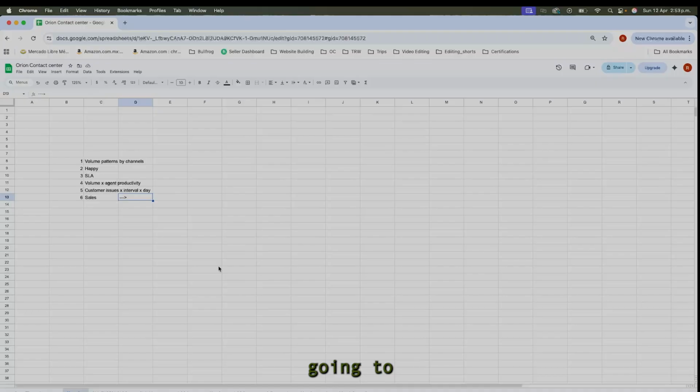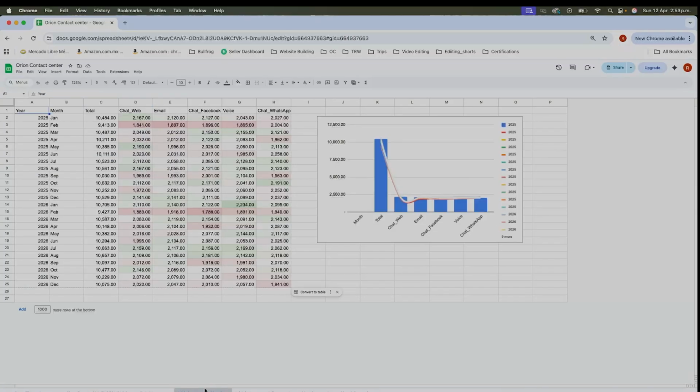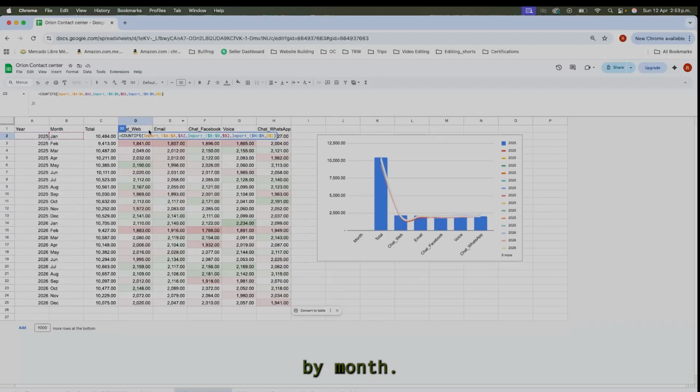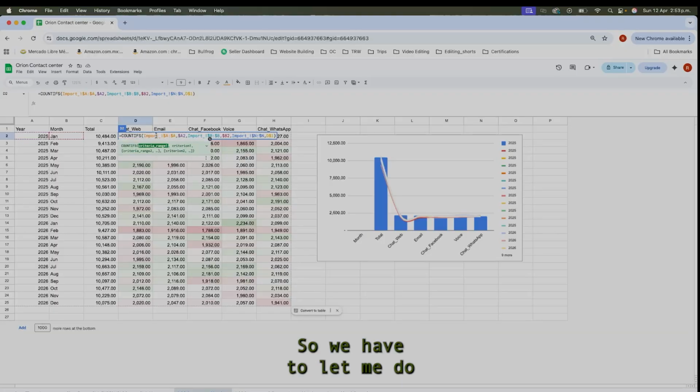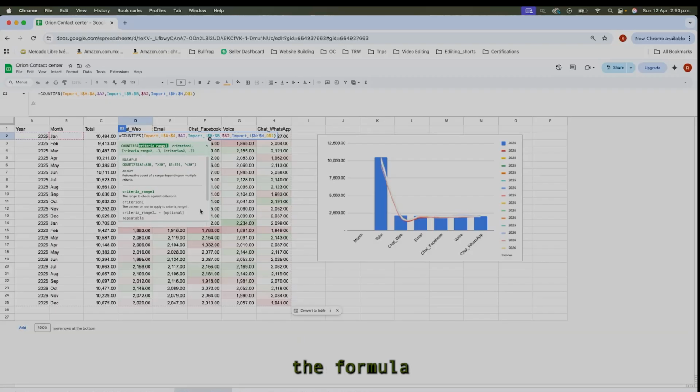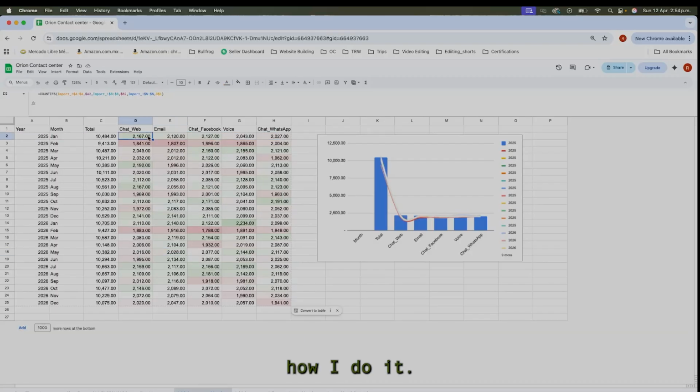So I'm gonna move on to the first point here, which is volume patterns by channels. I already did it, so I'm gonna guide you through how I did it. The first thing is that this was basically counting by month how our incoming volume is behaving. Let me do the formula from scratch so you know how I do it.